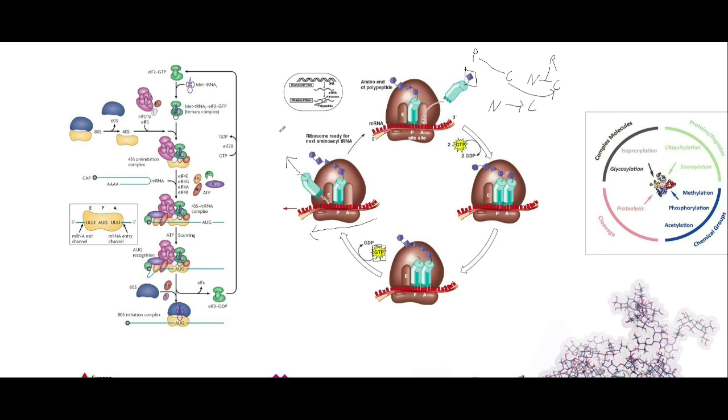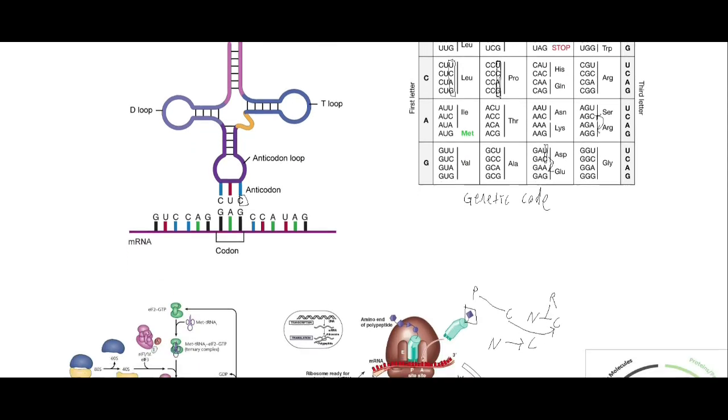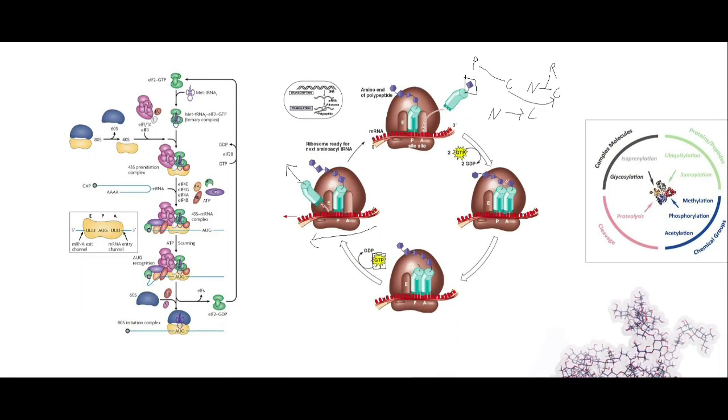Just like with transcription, translation has a lot of different steps to initiate it. I don't want to go too far into it, but we do have these different proteins with the methionine tRNA. If we look back up here, methionine is in green because methionine is always the first amino acid. It's the start amino acid in a protein.